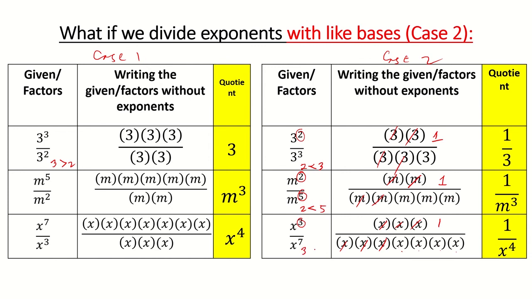Here, 3 is less than 7. Unlike our case 1, 7 is greater than 3, 5 is greater than 2. Okay, let's verify if what you're thinking is correct or not.